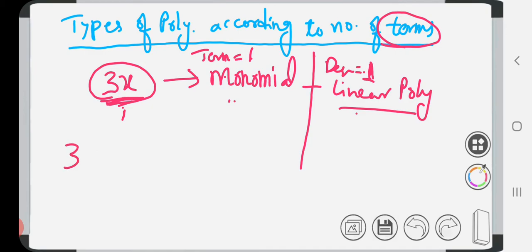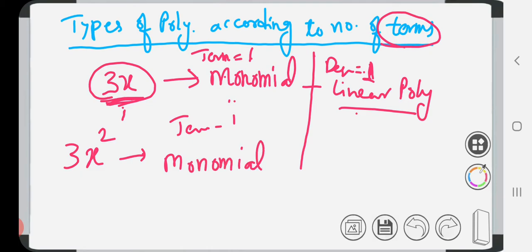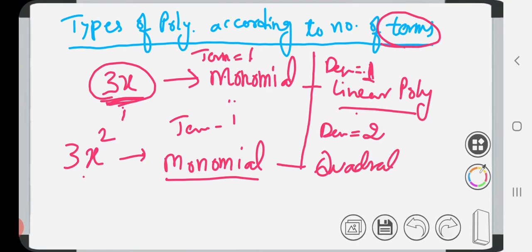I can write 3x square. In this case, the number of terms is 1, only one term. Therefore, based on the terms, the name is monomial. When it has only one term, that is called monomial. And the degree of this polynomial is 2, therefore it is a quadratic polynomial.